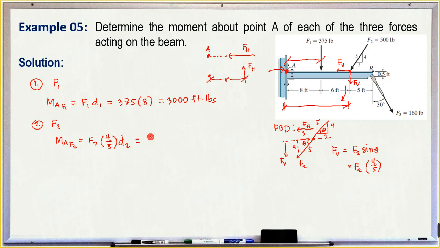So we write F2 as 500 multiplied by 4/5 and then multiplied by 14. Why 14? Because it is 8 plus 6. So what is the answer?